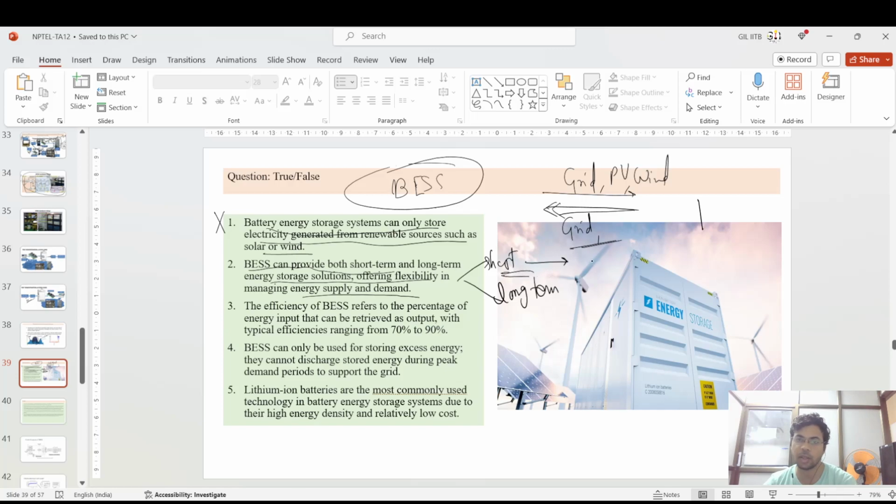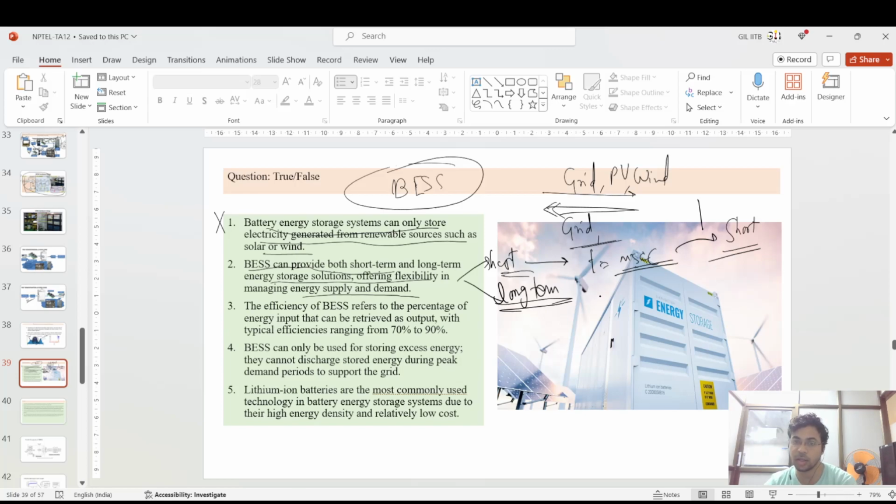In that situation, it should provide power in the range of milliseconds or microseconds. This is a short-term solution, only to provide transient power for a short duration, to support the transient power change.